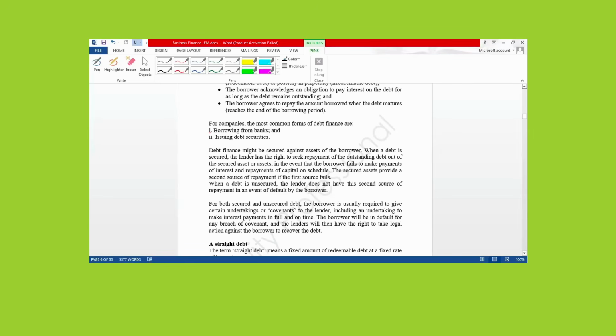When a debt is secured, the lender has the right to seek repayment of the outstanding debt out of the secured assets in the event that the borrower fails to make payment for interest and principal repayments.